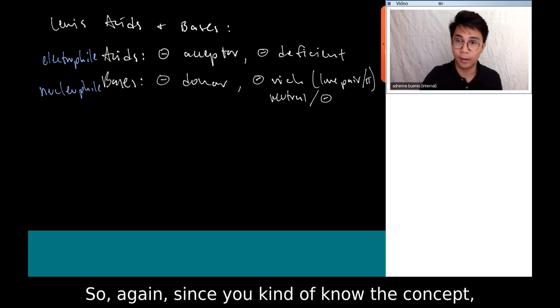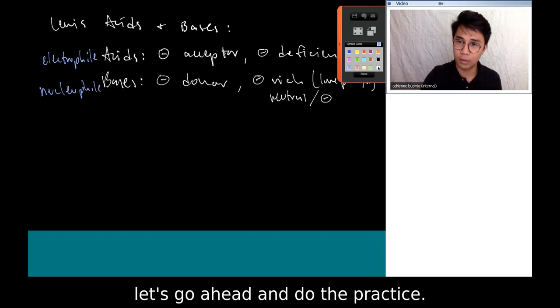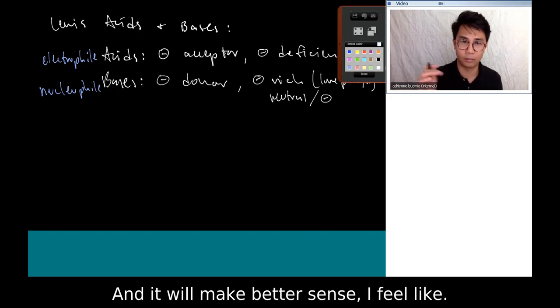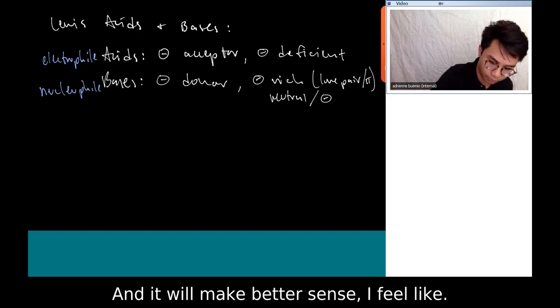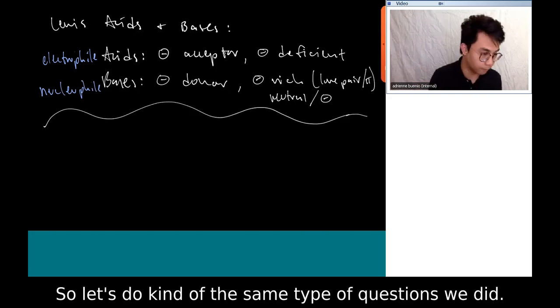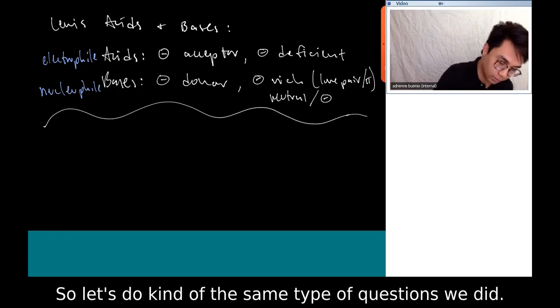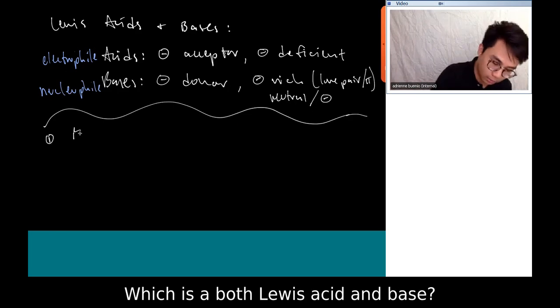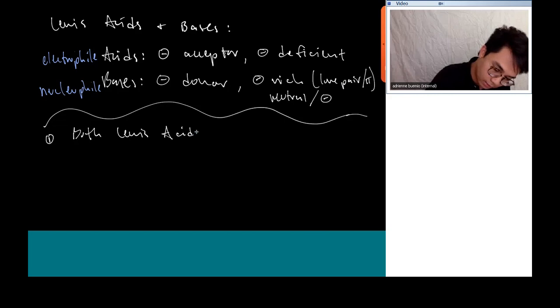So again, since we kind of know the concept, let's go ahead and do a practice, and it'll make better sense, I feel like. Okay, so let's do the same types of questions we did. Which ones are both Lewis acid and base?